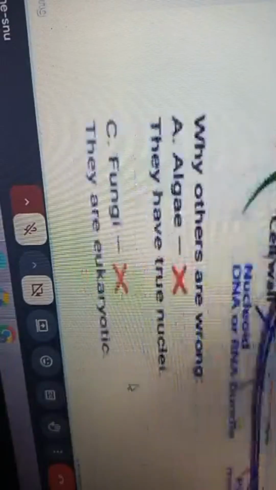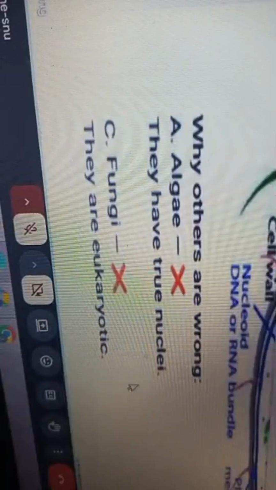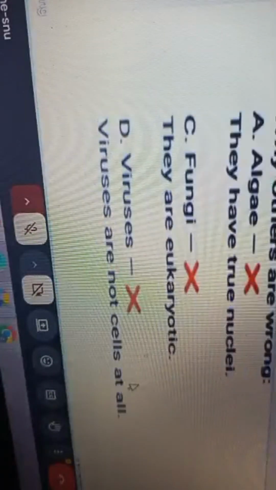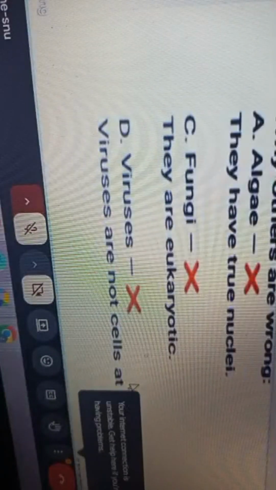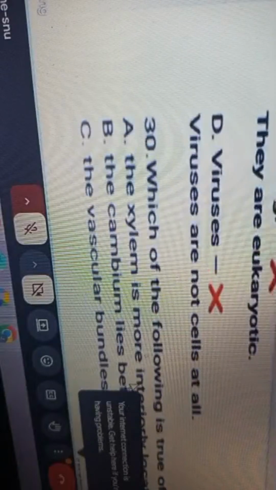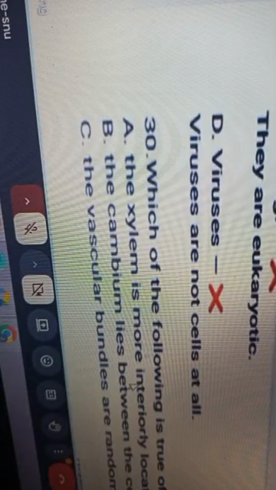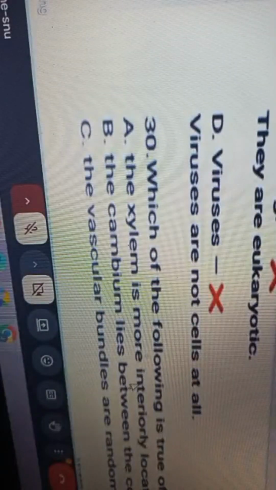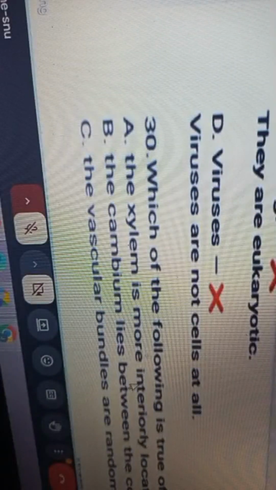Compared to this one that has a true nucleus, everything is arranged in order, positioned in a fixed place. So why are the others wrong? Algae, they have true nuclei. Fungi, they are eukaryotic, that means they have true nuclei too. Viruses are not cells at all. So the person that mentioned virus, have you seen why virus is not the answer?